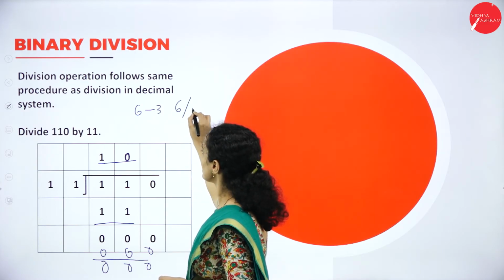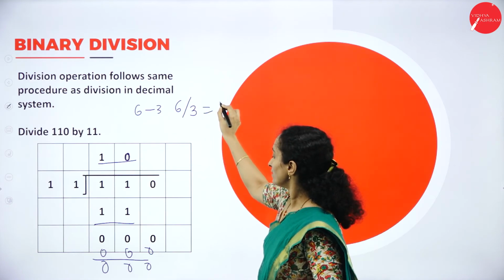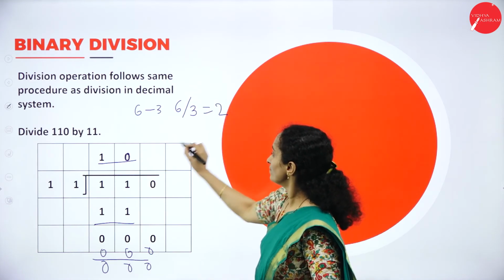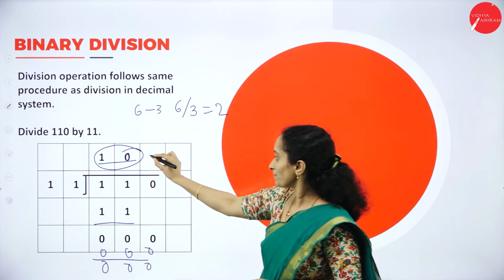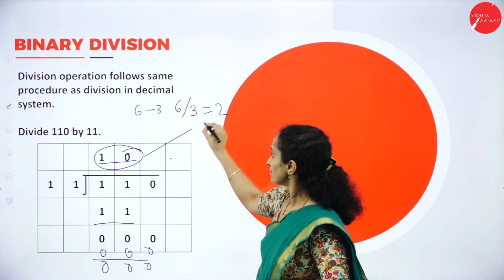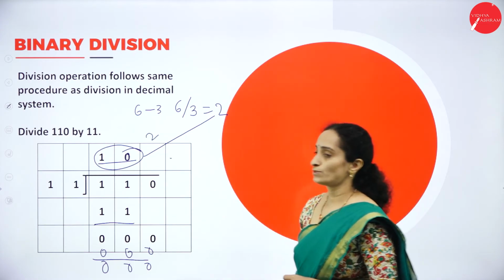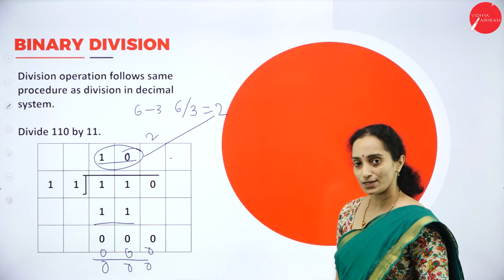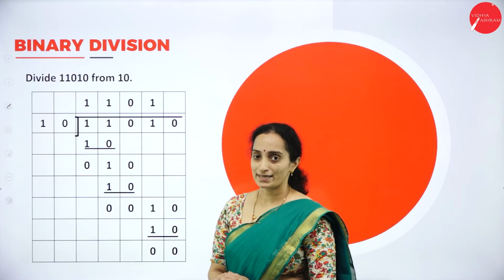Dividing 6 by 3 results in 2. 10 represents 2.